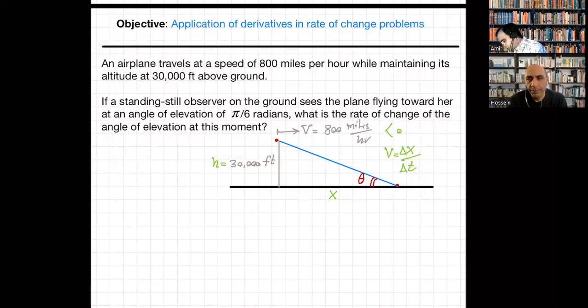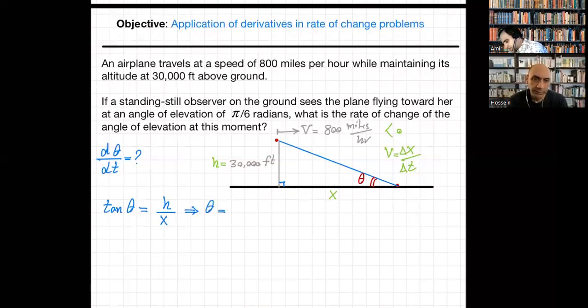Okay, so the question is about d theta over dt, the rate of change of the angle of elevation. Correct. So let me just establish the relationship between theta and other parameters. We know that this is a right angle triangle, so tangent of theta is h over x, front to inside, in other words.